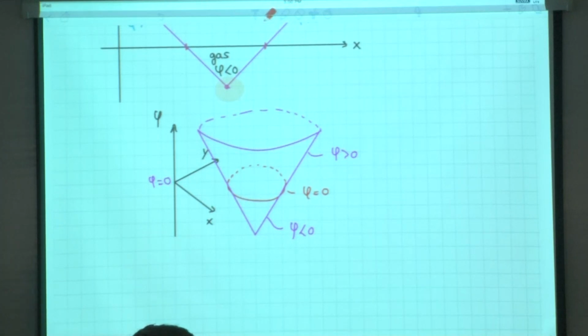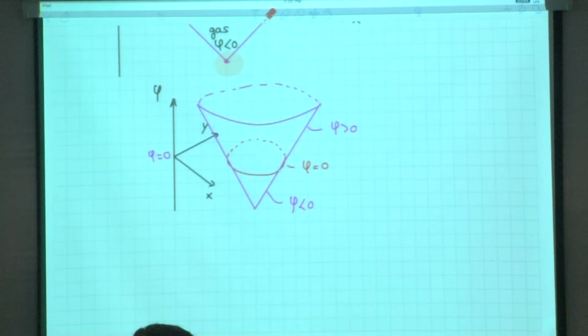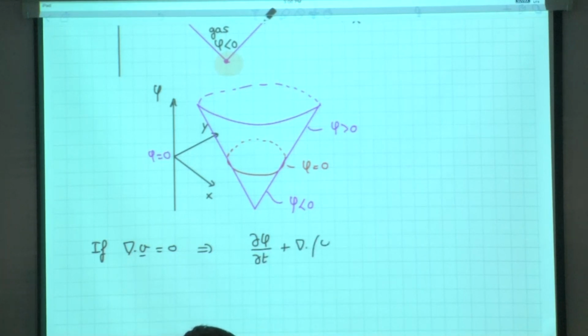So the equation, I'll just rewrite here one thing. If the divergence of the velocity is equal to 0, then we can equally solve d phi dt plus divergence of phi v, or d phi dt plus v dot grad phi is equal to 0.